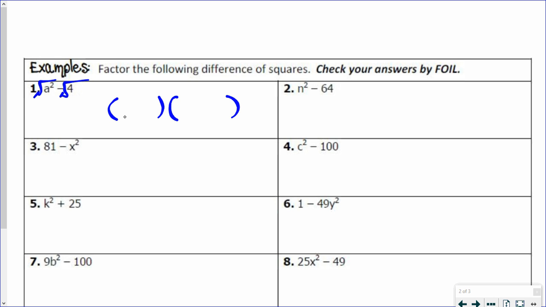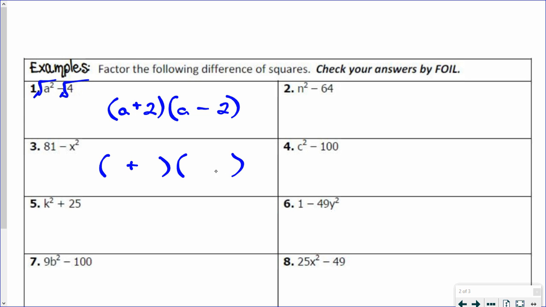So the square root of a squared is a, and the square root of 4 is 2. And then you just make one of these plus and one of them minus. So the square root of a squared is a, because a times a is a squared. Square root of 4, you're saying what number multiplied times itself is 4, and that would be 2. Okay, same thing here. One of these is plus, one of them's minus.